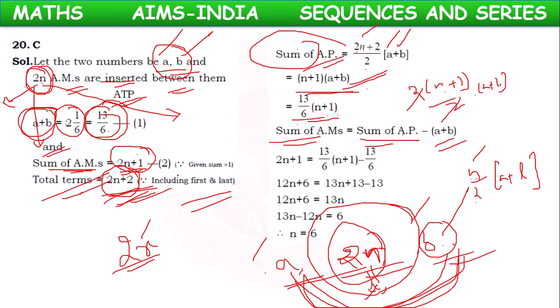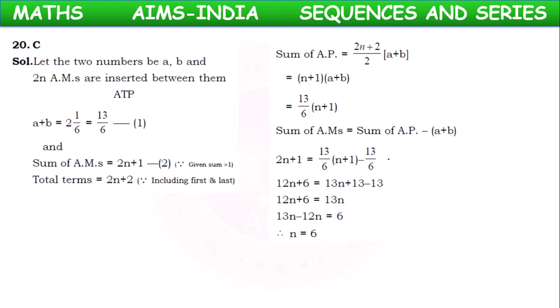But the sum of arithmetic means value is 2n plus 1 as per the question. So 2n plus 1 equals the sum of AP, which we just calculated as 13 by 6 into (n plus 1), minus the A plus B value, 13 by 6. Here 13 by 6 we can take common.